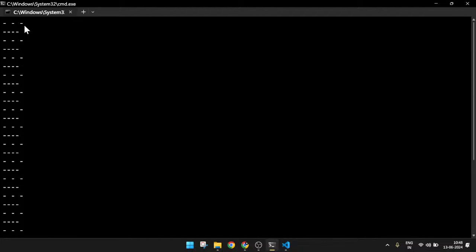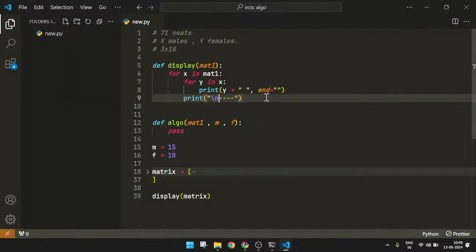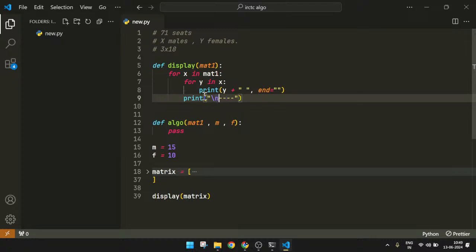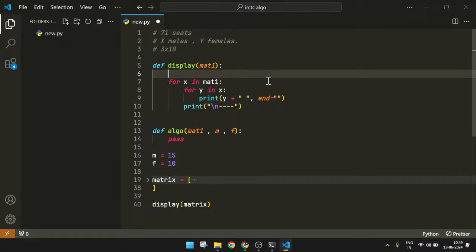Okay, I don't think I'm doing it right. After printing this and this, I want to print this. It's printing, and then I'm printing this. I don't want it. I want to print this after this works two times. So what can I do?